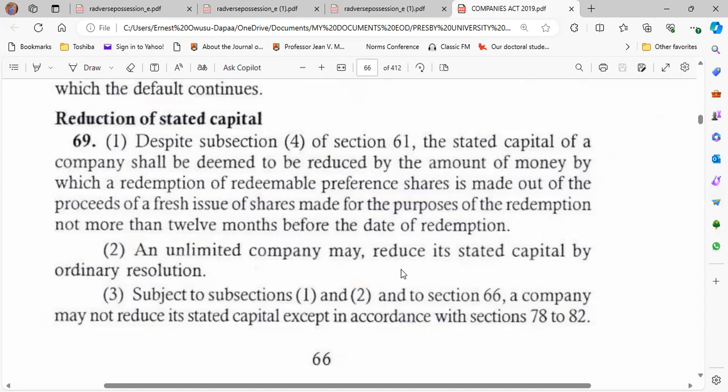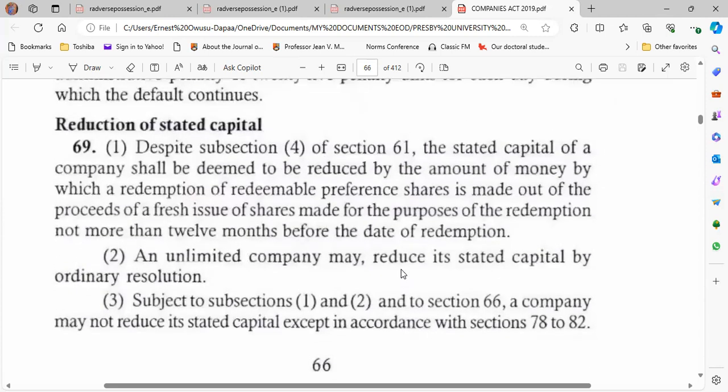An unlimited company may have shares, but their liability is not subject to the amount of shares that they have, or they may have some other arrangement for sharing profit or contributing. And that is why Section 69(2) says that, yes, an unlimited company can reduce its stated capital by ordinary resolution. So let's keep that in mind.